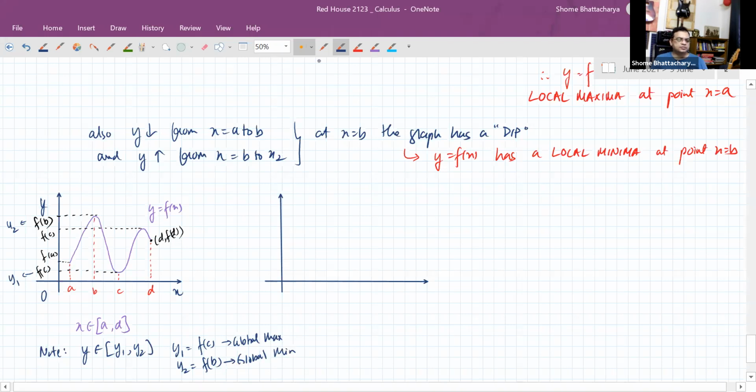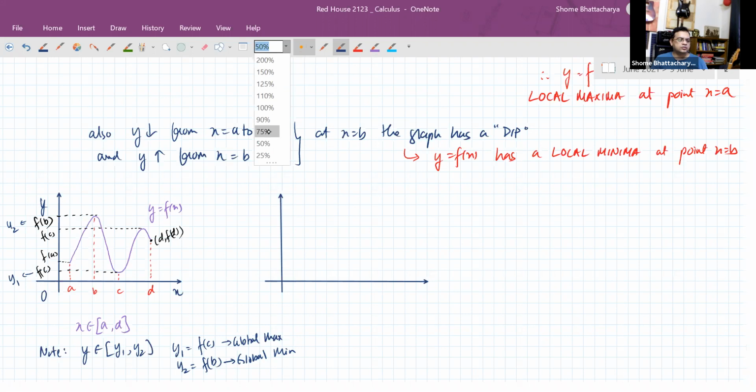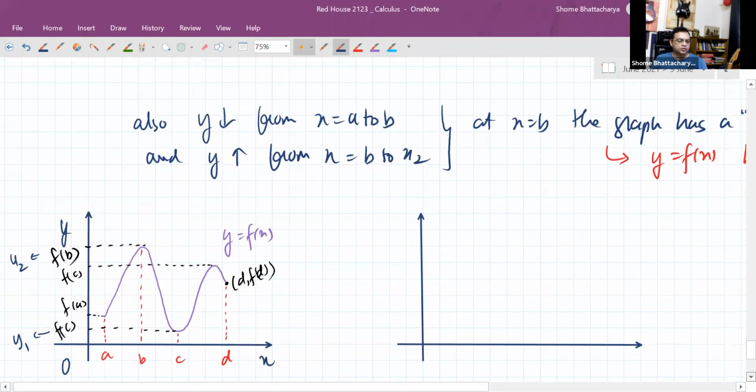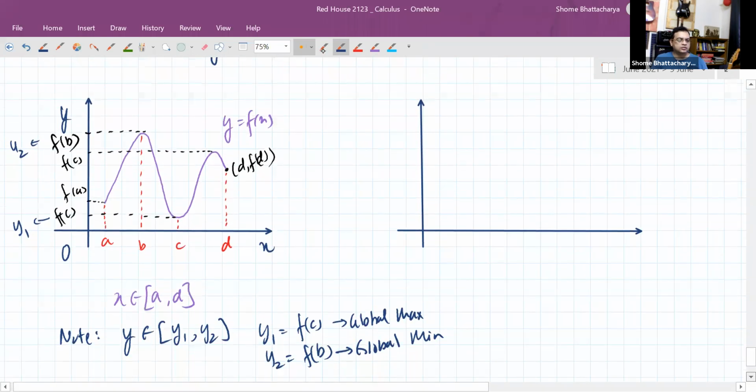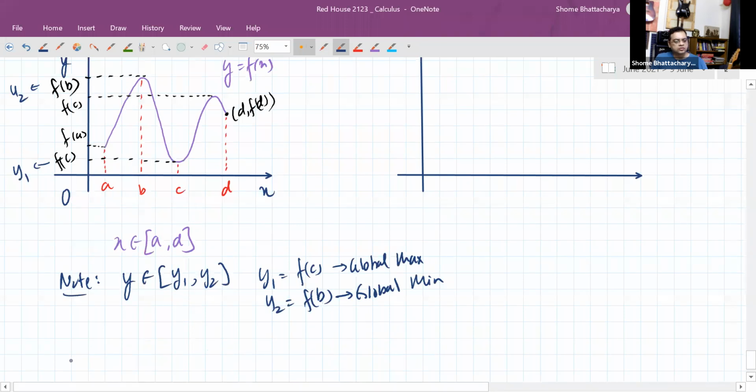But at the same time, you can also see that the function has two peaks, or local maximas.